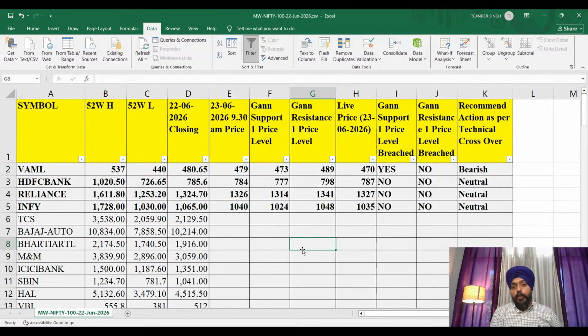For example, I have 1 lakh rupees in my account, but I am able to trade up to 5 lakh rupees, which is not a good notion. This would not be a good strategy at all. Whatever amount I have, I will use only that amount for delivery-based position holding. And these are the levels you have to keep in mind, like VAML has already breached its support level.